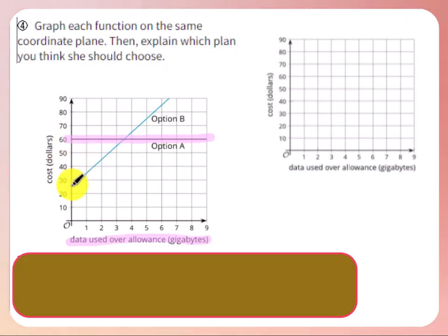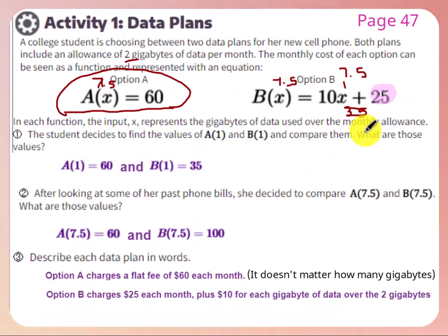So we're going to start at 25, and then at 7.5, it's going to go up to 100. We just calculated that. Let's go back here and look at that. So we're plotting these 2 points, 7.5, 100. We can write this answer like this. Your input is always going to be your X. Your output is always going to be your Y.